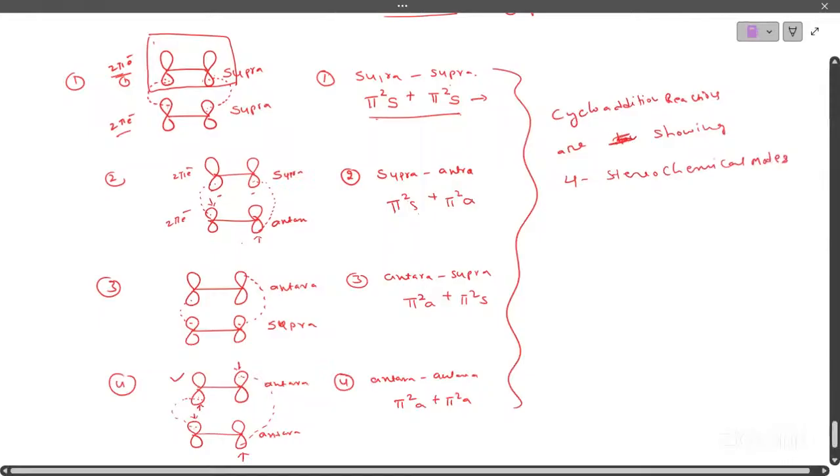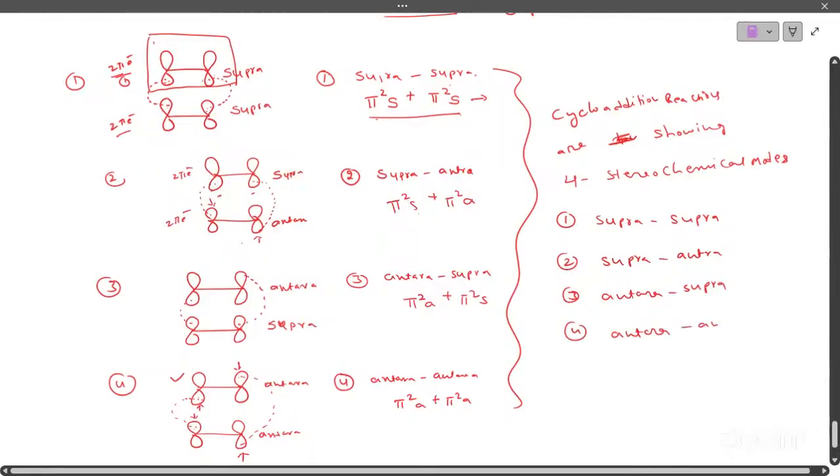Four stereochemical modes. One is the supra-supra mode, the second one is the supra-antara mode, the third one is the antara-supra mode, and the fourth one is the antara-antara mode.